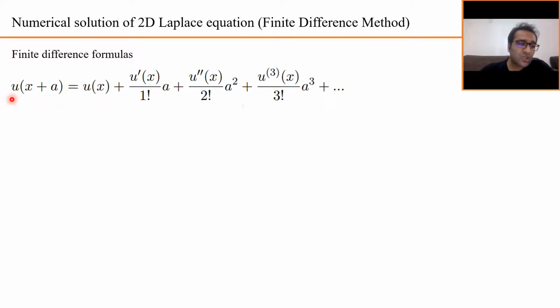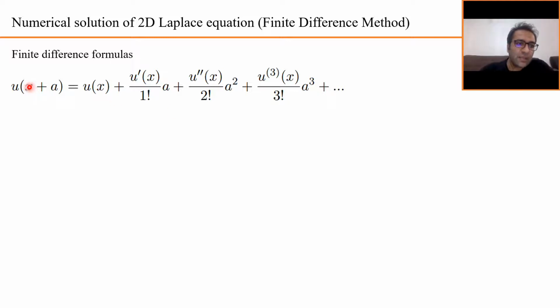Based on the definition, the Taylor expansion of a function u(x) around the point a is just u(x plus a) equal to u(x) plus the first derivative divided by 1 factorial multiplied by a, plus the second derivative divided by 2 factorial multiplied by a squared, plus the third derivative divided by 3 factorial multiplied by a cubed.